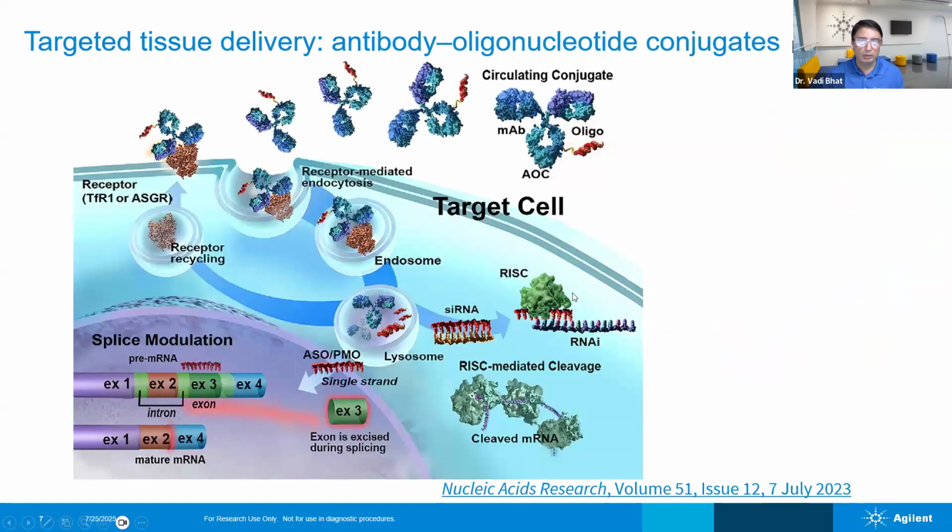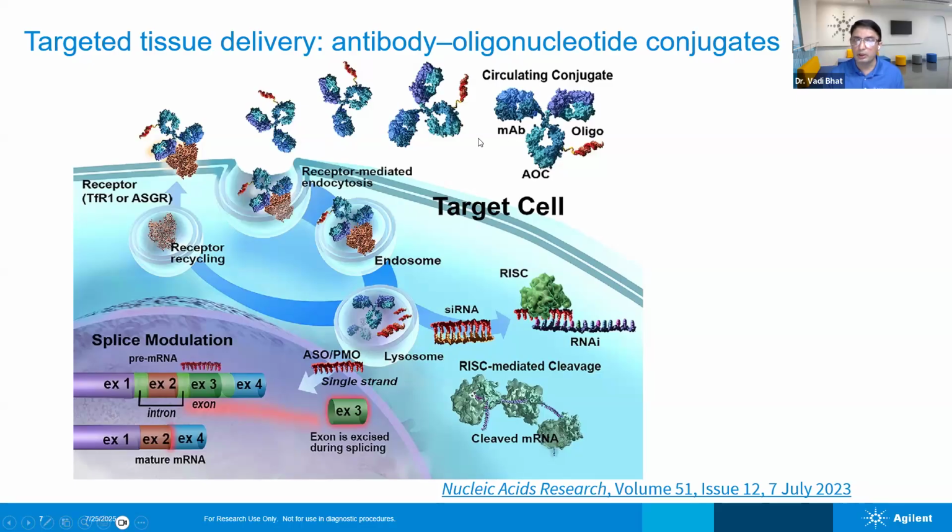Now, within the ADC, antibody drug conjugates, oligoconjugation is gaining more attention because oligotherapeutics are growing, and oligotherapeutics generally, if you give them without any particular targeting of organs or tissues, will go directly to the liver and get degraded, metabolized, and it's gone, right? So if you want to target particular organs or tissues, then it has to be directed.